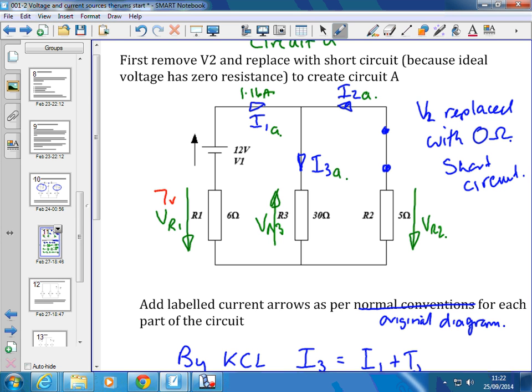If we find that one, we can find I2A, right? And once we know 2 of these currents, can we not use Kirchhoff's current law to find the third one? Yeah? So if we find that voltage, we can get that one. We don't need to find that voltage as well. We'd be doing 2 calculations where we can get away with 1. Alright, so how can we find VR3? Or VR2. I don't care really.